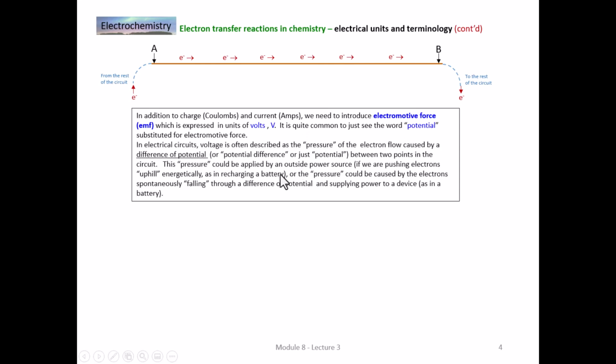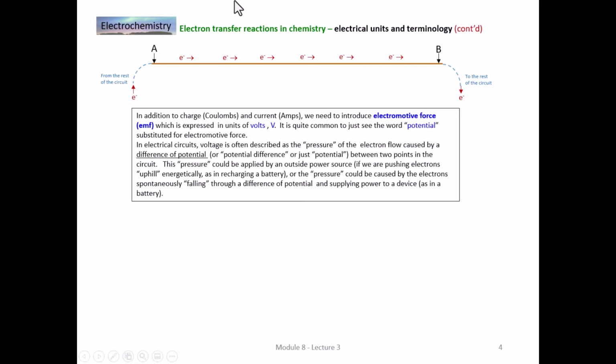In electrical circuits, voltage is often described as the pressure of the electron flow caused by a difference of potential, sometimes called a potential difference or just potential, between 2 points in the circuit.